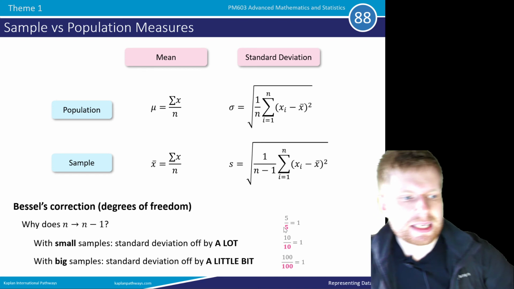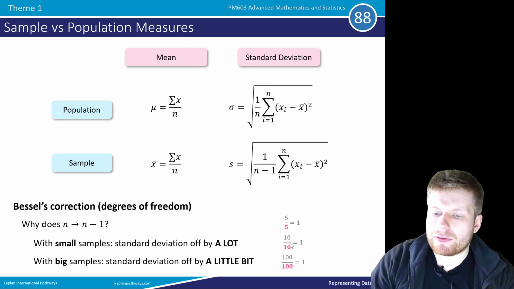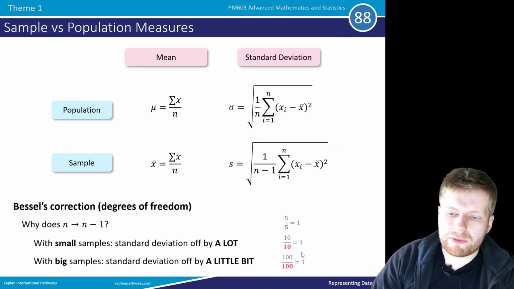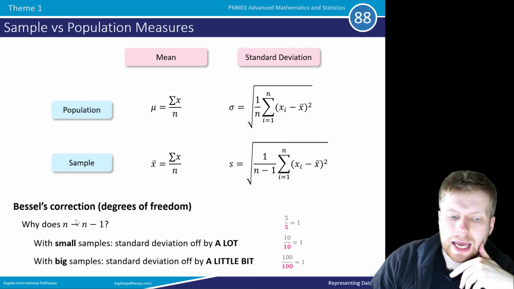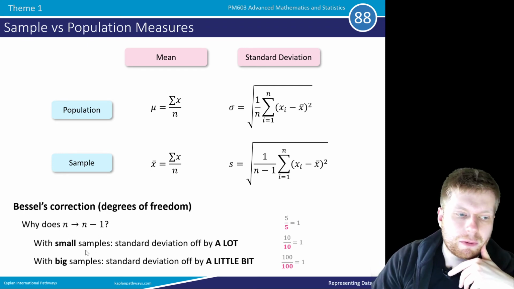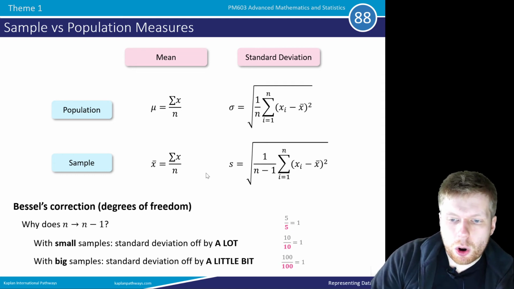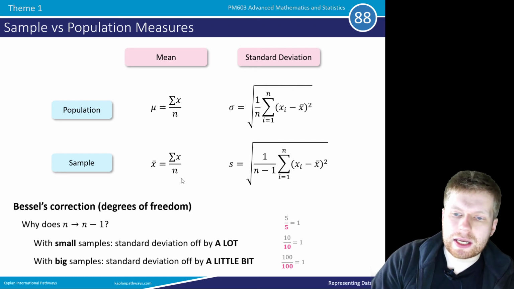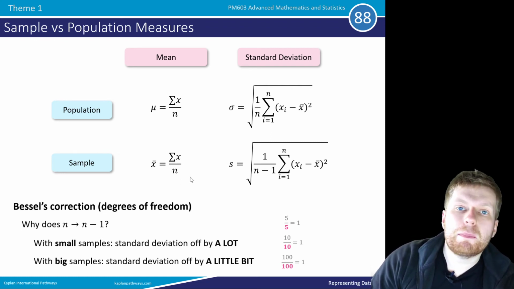So let me just consider a little thought experiment. If I take, for example, 5 over 5, or 10 over 10, or 100 over 100, these are all equal to 1. They're all equal to the same value, right? Let me show you what happens to take this idea into account. Remember, the sample size is on the denominator. The way we calculate sample mean, or sample standard deviation, is to divide by n.